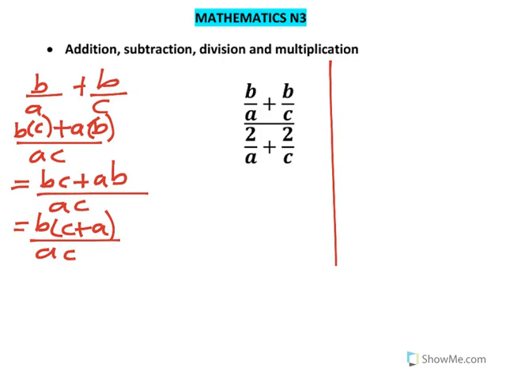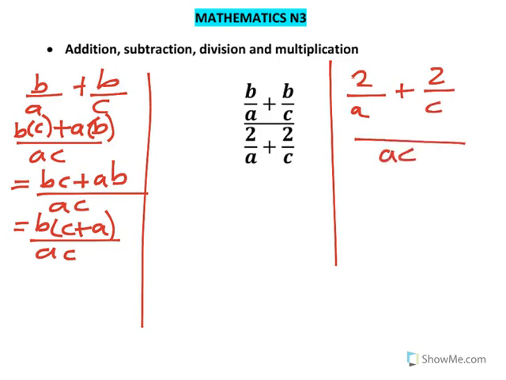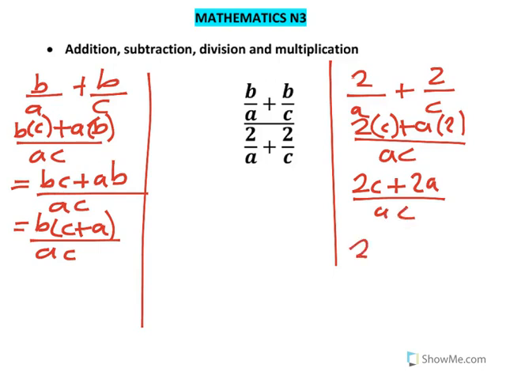You look on the other side again, we have 2 over a plus 2 over c. What you have is ac is common. A into ac, you have 2 multiplying c, plus c into ac, you have a multiplying 2. So you're going to have 2c plus 2a over ac. 2 is common there.